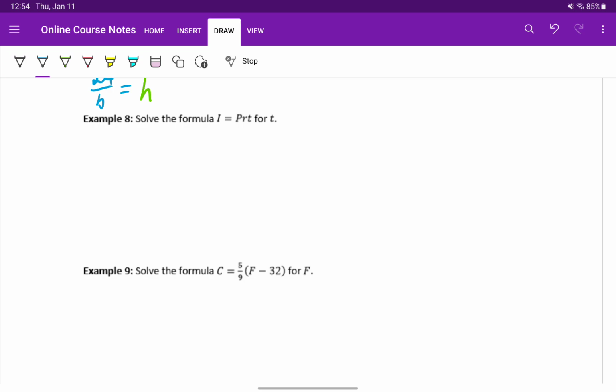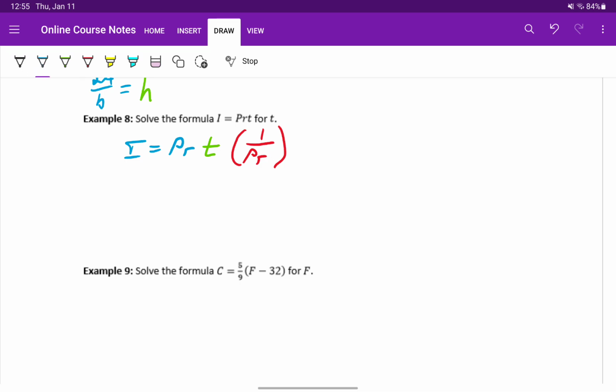In example 8, we have the formula I equals PRT, where we want to solve for t. This is very similar to example 7. We have two different factors being multiplied by t, and we'll speed this problem up a little bit by multiplying both sides by the reciprocal of p times r, which would be 1 over p times r.